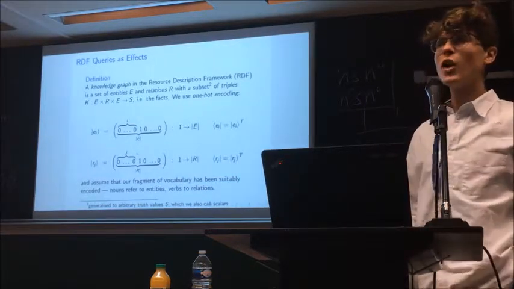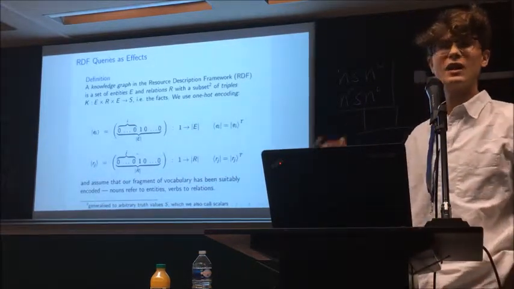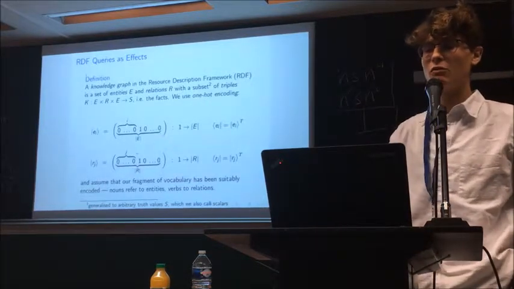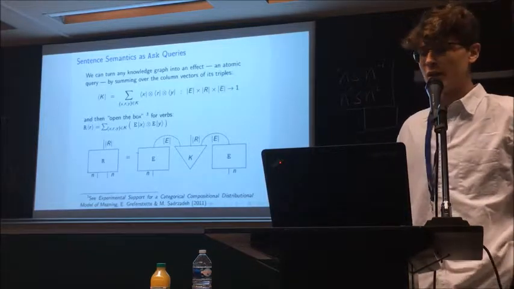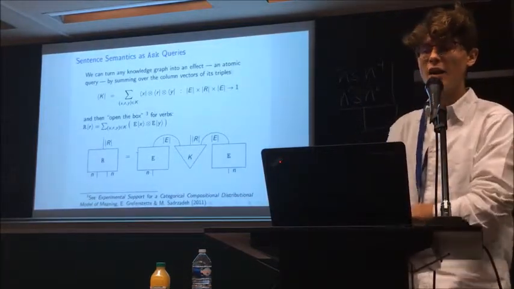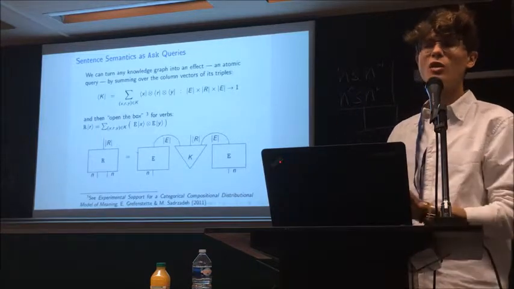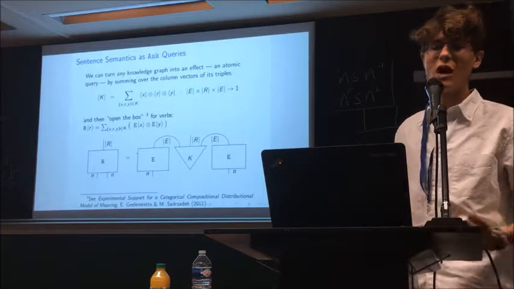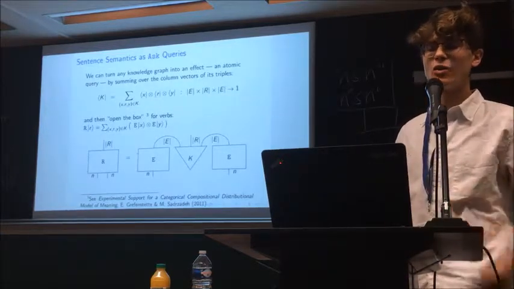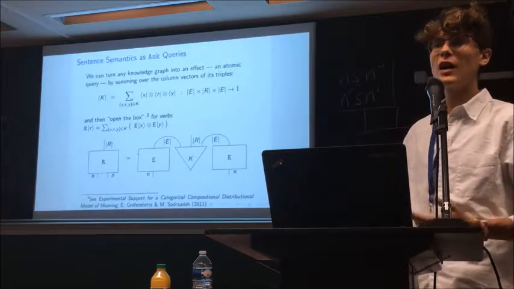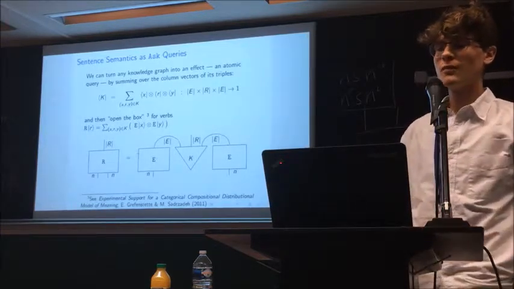And we're going to use one hot encoding to denote every entity with a vector with one bit up, every relation in a similar way. So then the key intuition is that an effect, so a column vector, actually corresponds to a knowledge graph query. So the most basic query you obtain by just summing over all the triples that are in the knowledge graph.